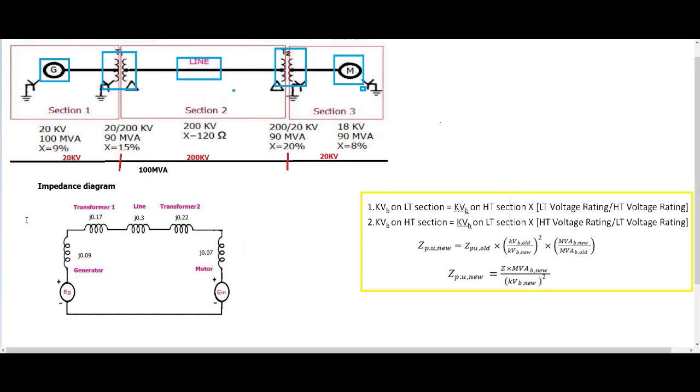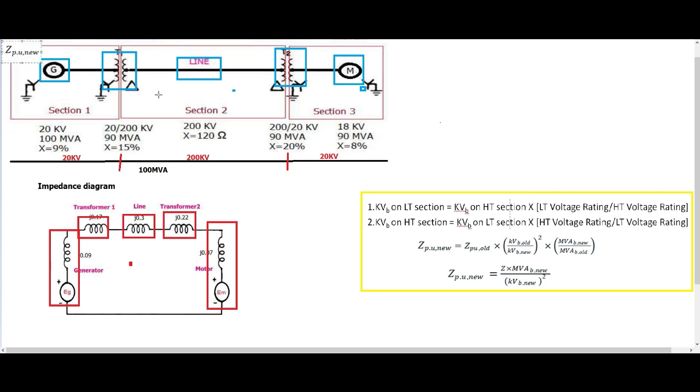This is the equivalent circuit for the generator, where the first component is represented like this, generator, and the second component is the transformer. After generator 1, transformer 1 is connected in series. See, this is for transformer 1, this reactance is for the transmission line, and this is for transformer 2, and after transformer 2 the motor is connected. So this is the equivalent circuit for the motor. Like this they are connected. So this is nothing but the impedance diagram.